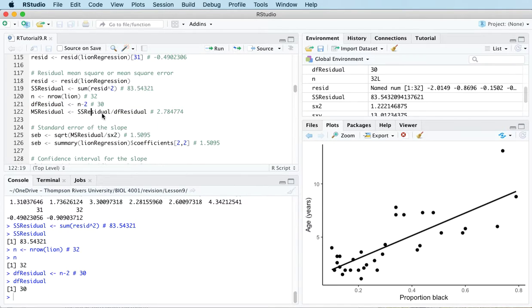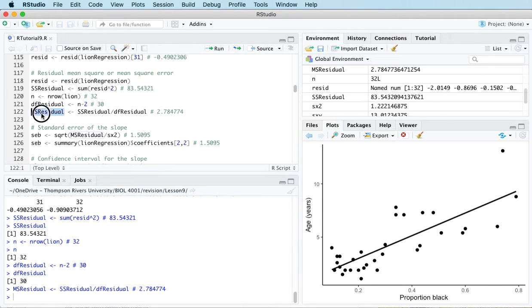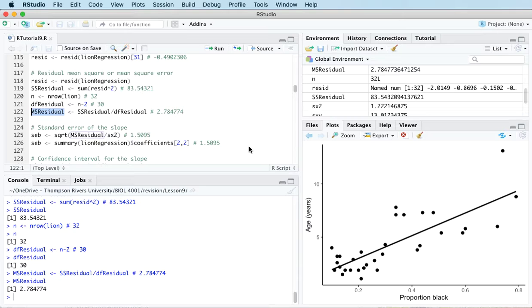If I take the residual sum of squares and divide it by the degrees of freedom for the residuals, I get a quantity known as the mean square error. So that's 2.78474 in this case.